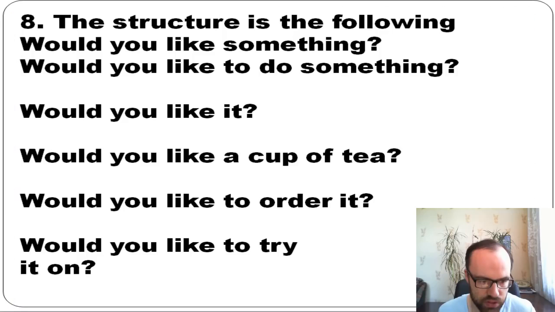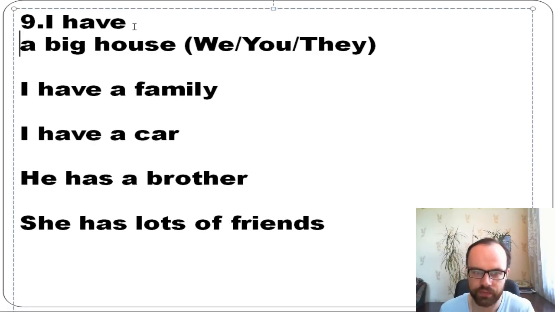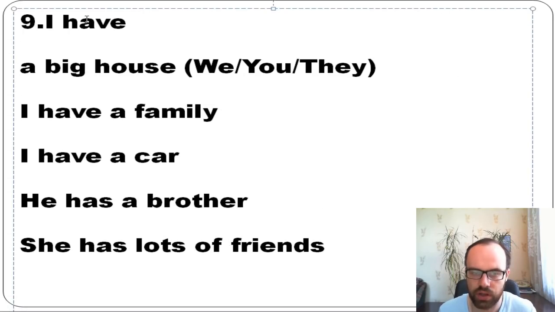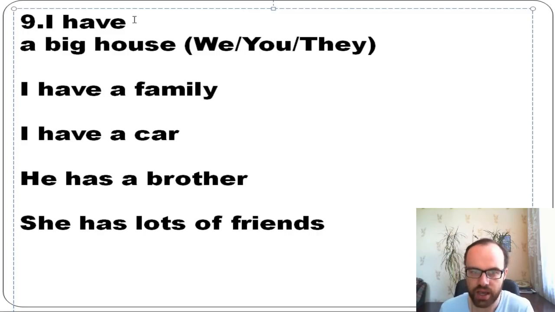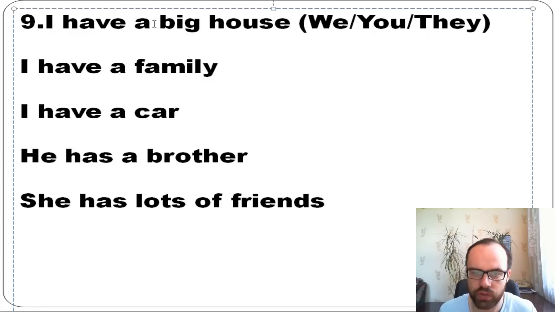Next. So, I have. You know that we often hear it. For example, I have a big house. And when do we use I have? I have, we have, you have, they have. So you can say I have a big house, we have a big house, you have a big house, they have a big house.